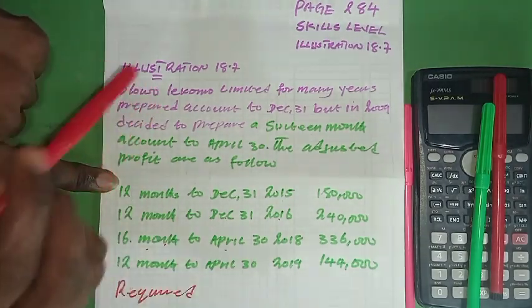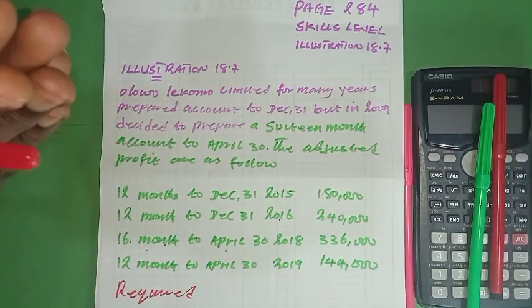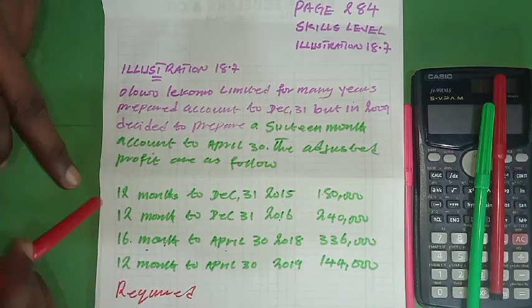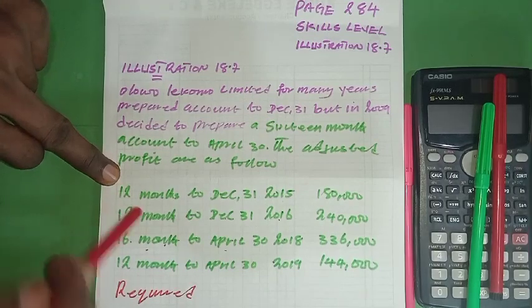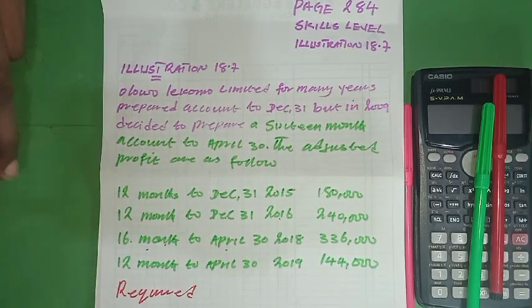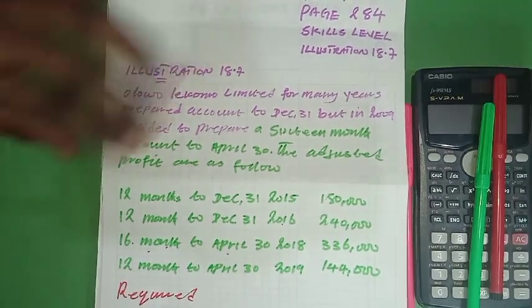I told you in the first video that wherever you see year end, that means it's 12 months. Wherever you see period, that means it's less than or more than 12 months. So this is year end, this is period, this is year end. So don't panic.